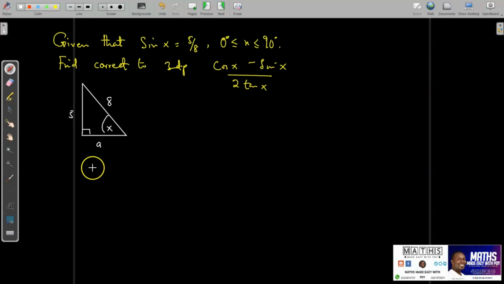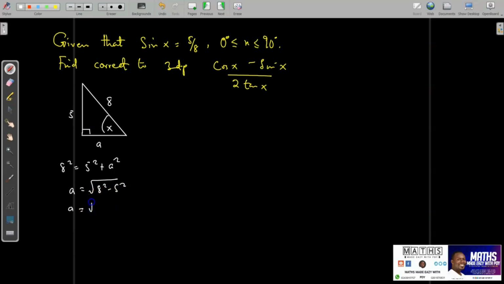We'll use the Pythagoras theorem, and therefore we get 8 squared, which is the hypotenuse squared, equal to 5 squared plus A squared. Massaging it, A is equal to the square root of 8 squared minus 5 squared, which is the square root of 64 minus 25.